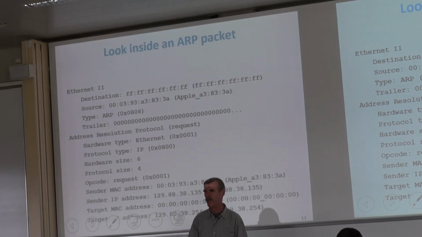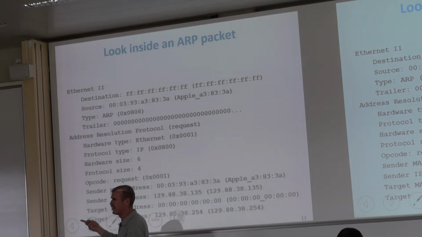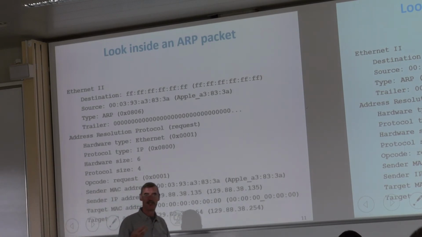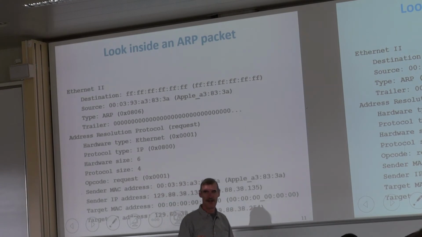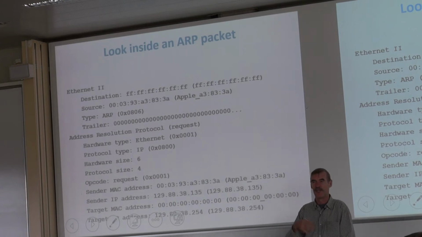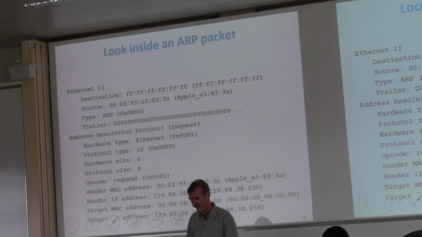So protocol type IP is not an Ethernet protocol type, but it's inside the ARP message. It is saying, I'm trying to find a destination address, and the protocol type is IP. Because ARP at the origin, the idea was that it would work for all kinds of protocols, not just for IPv4. So we could have used the same ARP for IPv6 or IPv4, but it has not happened. But we do find this in the details of the packet.